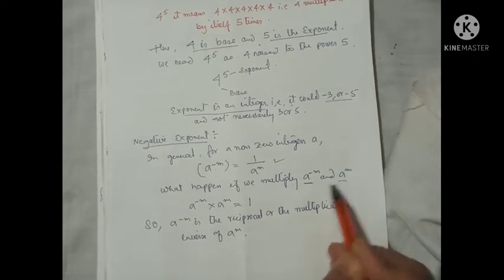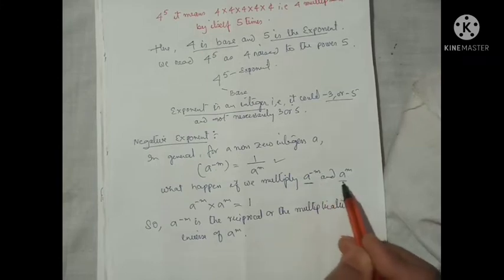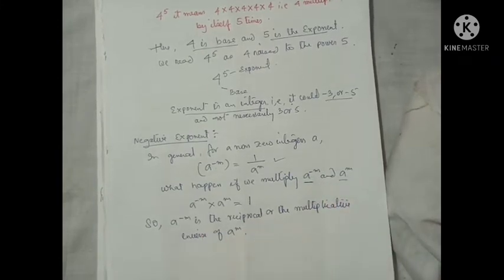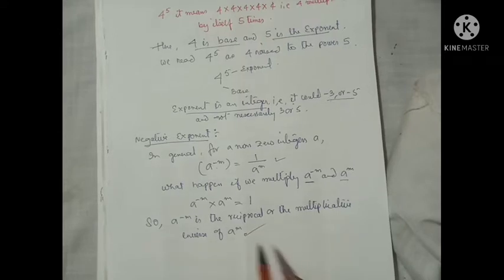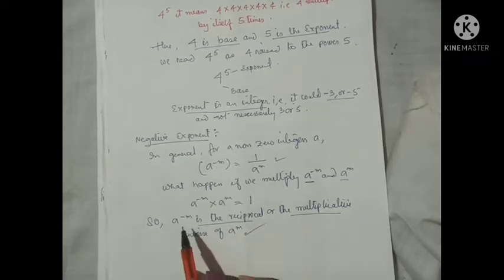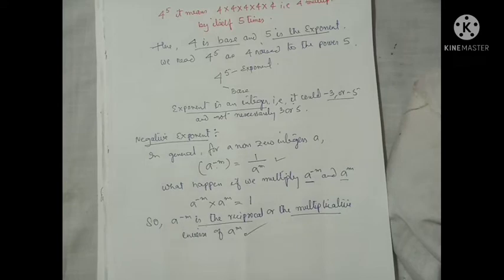If we multiply a to the power negative m and a to the power positive m, then you will get the product as 1. So a to the power minus m is the reciprocal, or multiplicative inverse, of a to the power positive m. Here we can find the reciprocals and multiplicative inverses of integers with negative exponent as well as positive exponent.